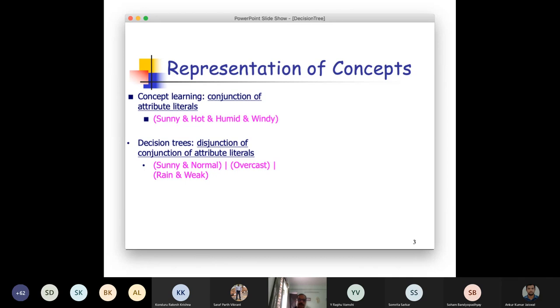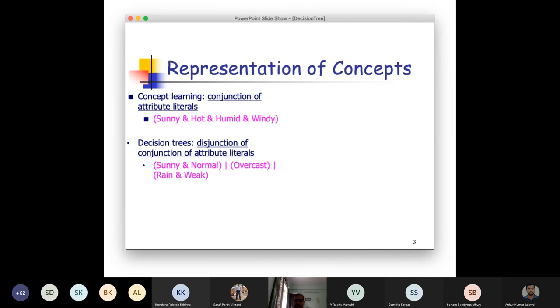So, for example, consider these expressions, in the same way we have represented here. It means that either the sky would be sunny, or the temperature is normal, or it could be humidity, I'm not sure, but there is some attribute which is normal. Then again, either the sky is overcast, or the weather is rainy, and the wind speed is weak.